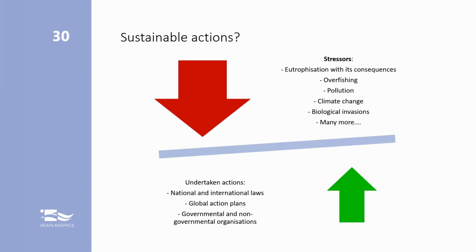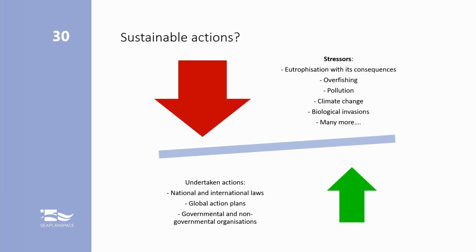We take into consideration various sustainable actions, but as of now, the undertaken actions are not really outweighing the occurrence of stressors. So the various undertaken actions like national and international laws, global action plans, governmental and non-governmental organizations acting together are not able to outweigh the amount of stressors.